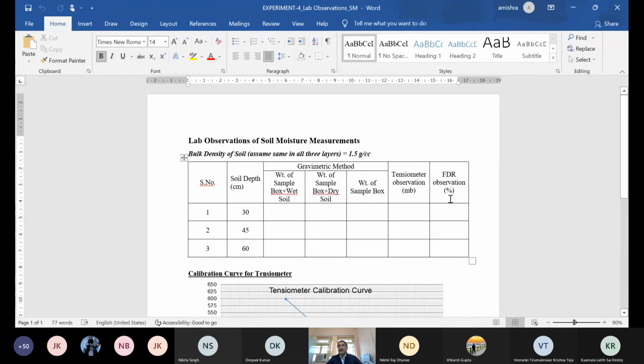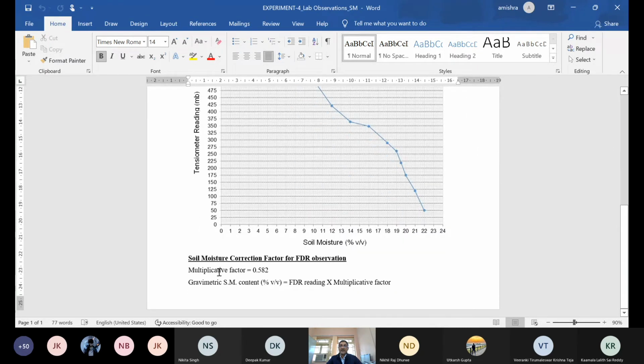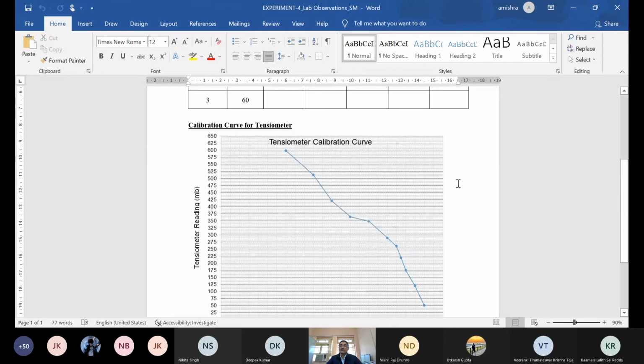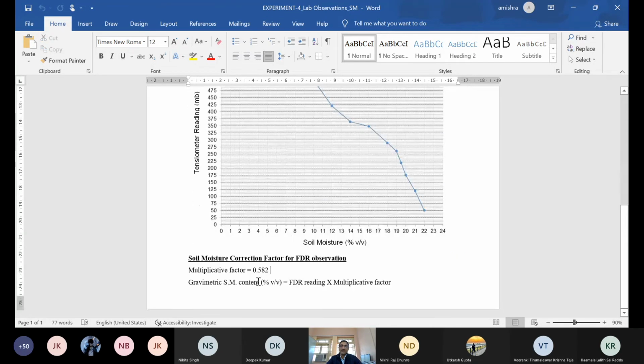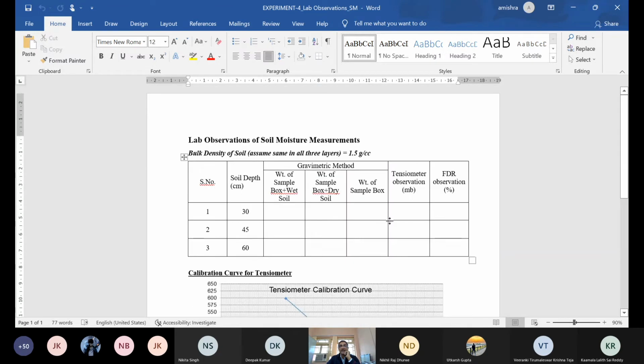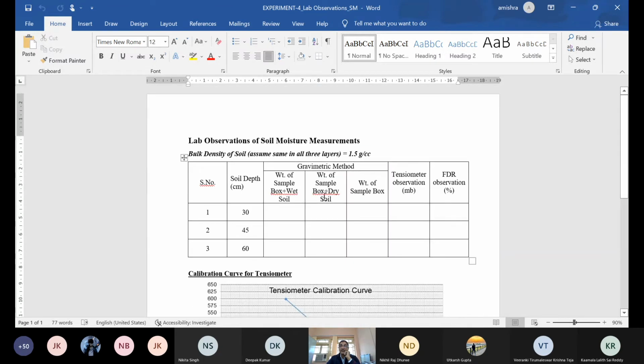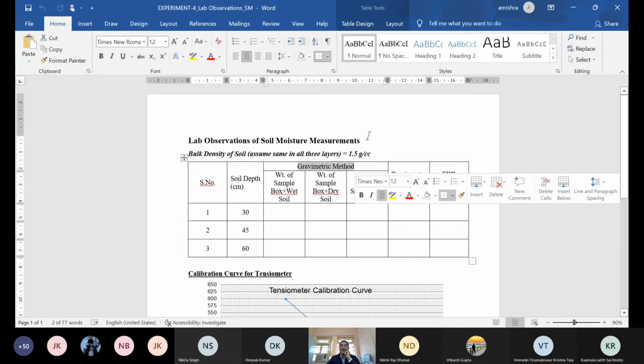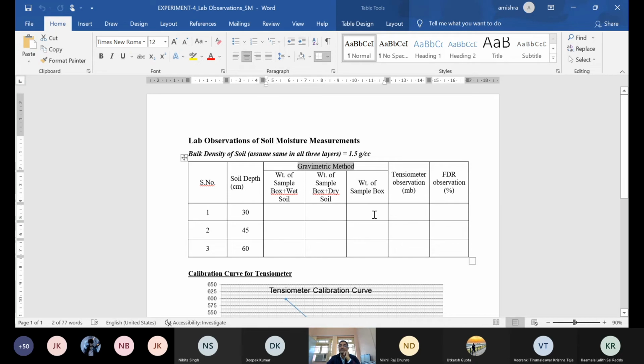And third is FDR observations, which you need to multiply by 0.582 to find the soil moisture in volumetric basis. So volumetric soil moisture content is simply equal to the FDR reading, in percentage, directly multiplied by the multiplicative factor. You need to find out by the gravimetric method what the soil moisture content is in volumetric basis.